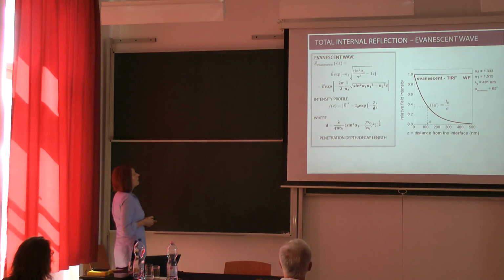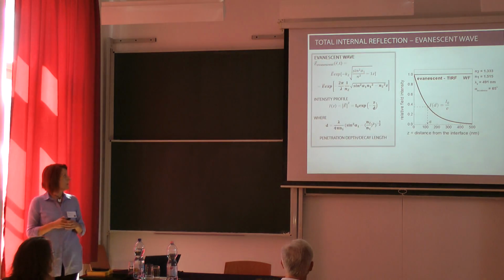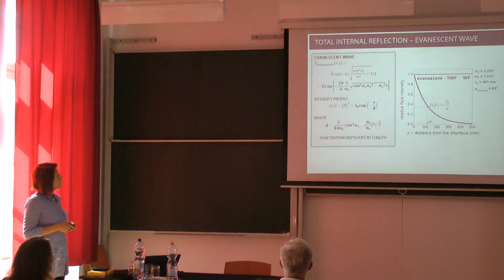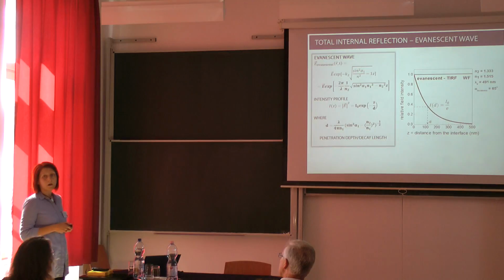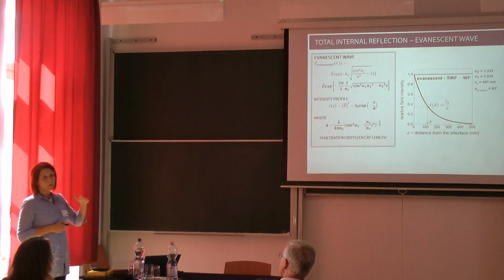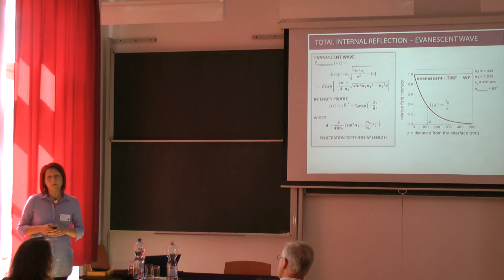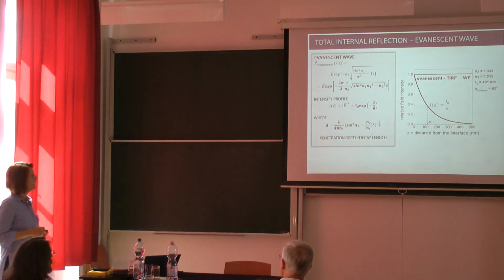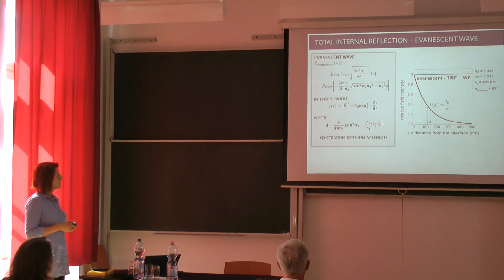We can derive the intensity profile of this evanescent field, which is shown here. So it decays exponentially from the boundary of the two media. At the boundary it has the maximum intensity denoted by I0. And we can also see this parameter, d, which we call the penetration depth or the decay length of the evanescent field, described by this relation here.